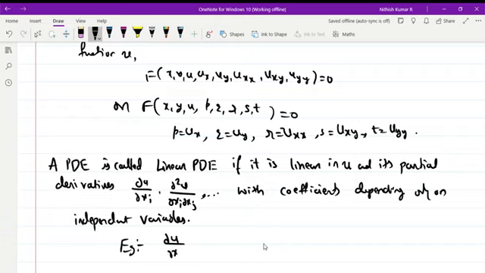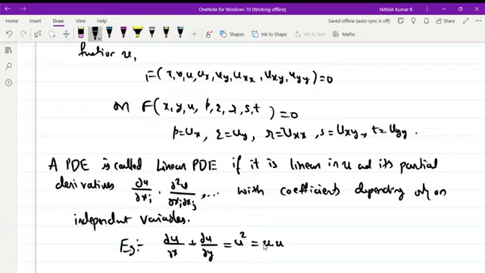So it is dou u by dou x plus dou u by dou y is equal to u square. Now it contains the terms dou u by dou x plus dou u by dou y. So dou u by dou x has a coefficient 1, so no problem. Dou u by dou y coefficient is 1, and it's a u square. But I can write this u square as u into u.